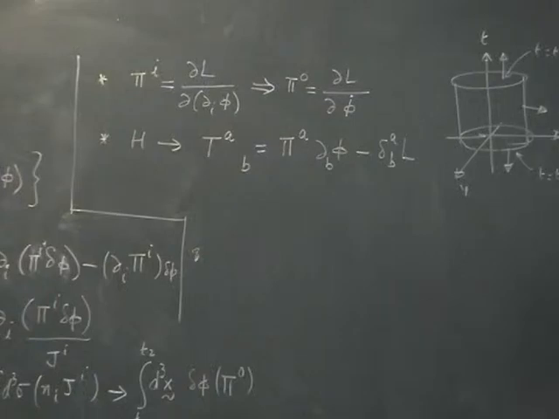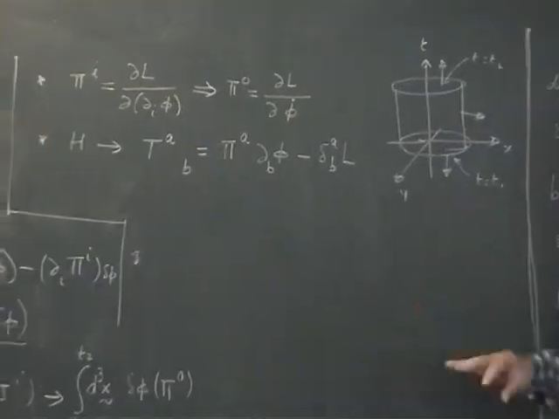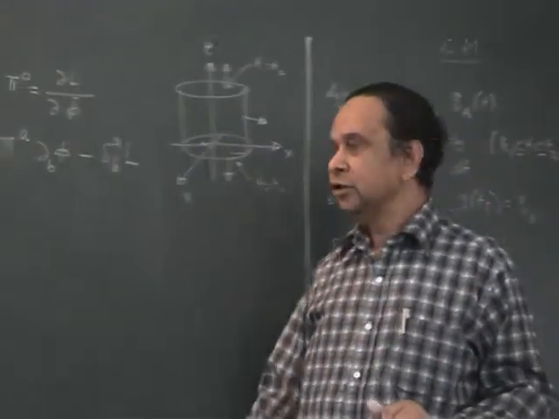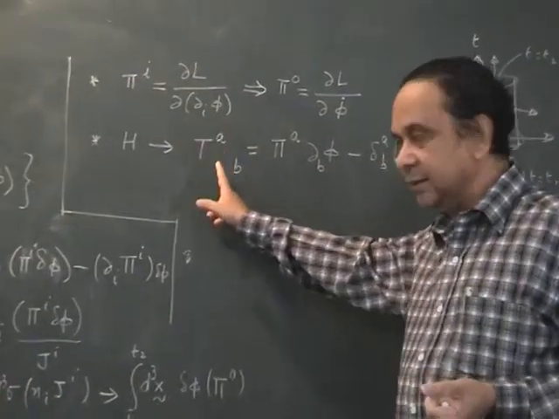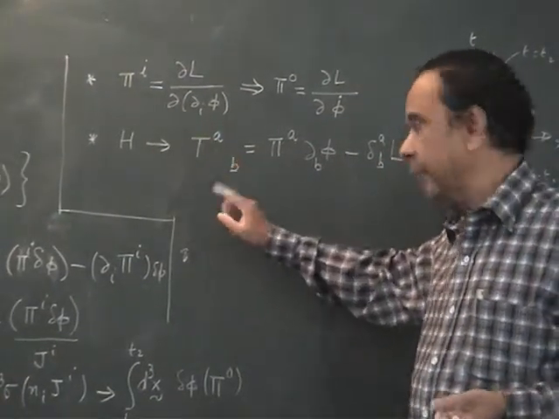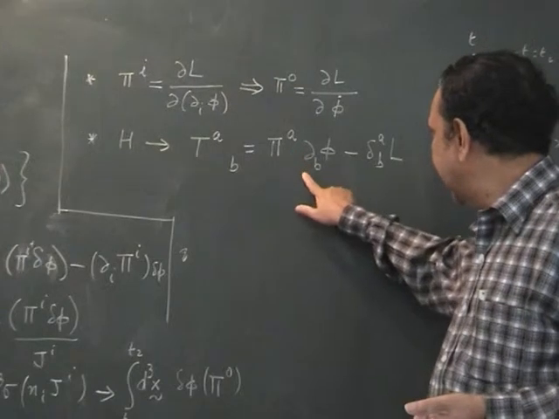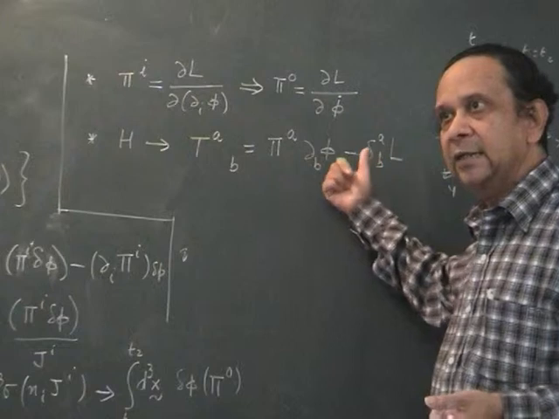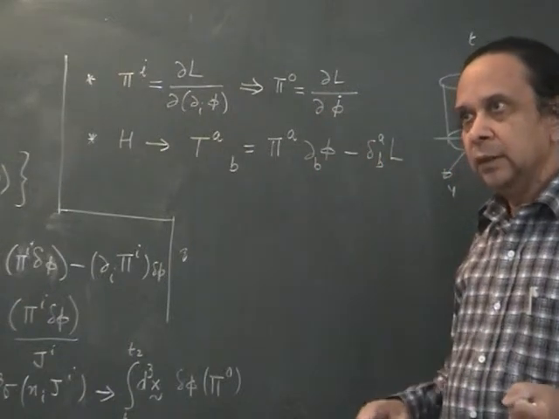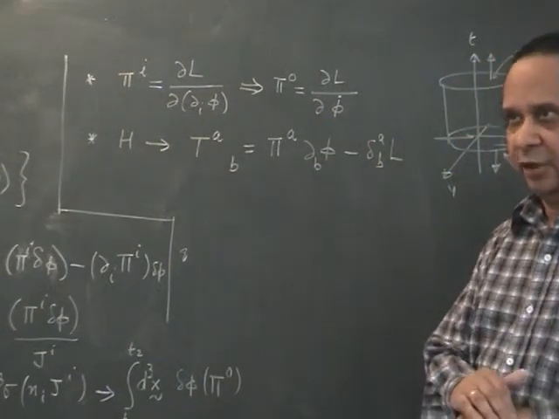Okay. So this is the first non-trivial thing which you come across in field theory. Everything else so far has been just window dressing. So what is this object? This object first of all carries two indices, one up and one down, and it comes from the derivative of this phi as well as the pi, and then the Lagrangian goes for a ride. So we can try to compute various components of that.